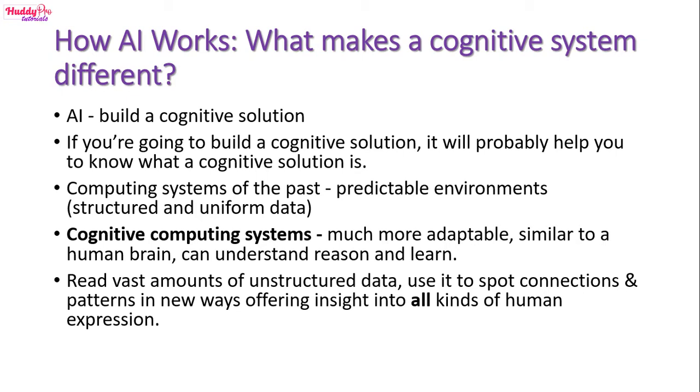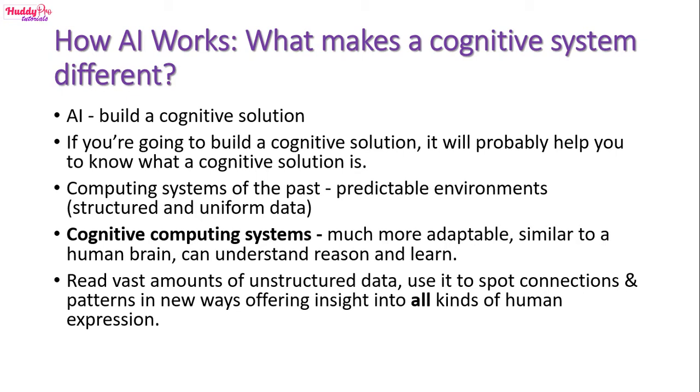So the modern systems are adaptable depending on the conditions. They work like the human brain. They can make decisions, unlike the old systems that are predictable, that work in a structured way, and use uniform data.